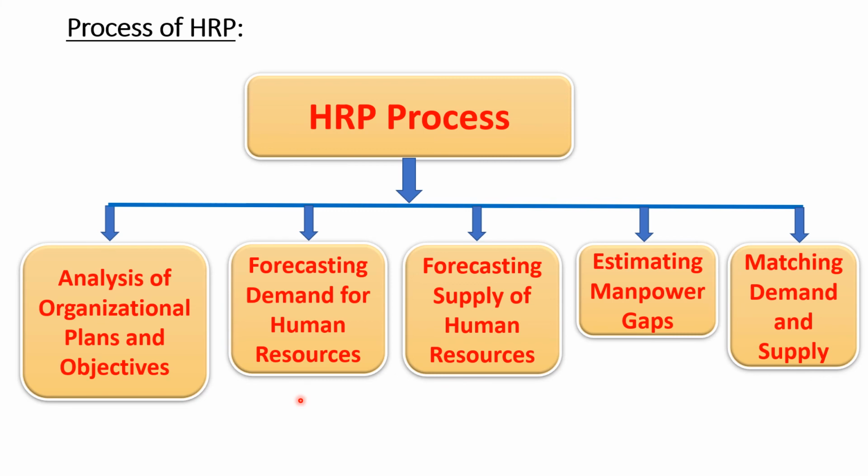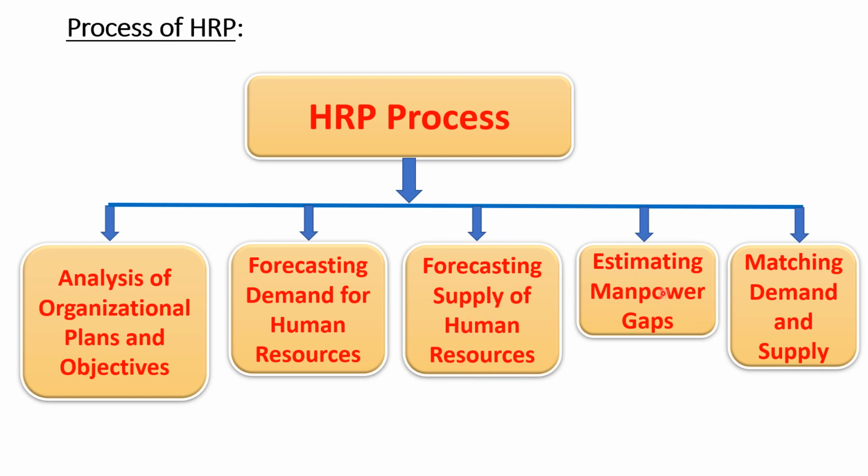And then next is forecasting supply of human resources. So this involves the supply of human resources, that is what kind of labor force is attracted or can be affected by temporary absences such as leaves, permanent absence or turnover. So this is the forecasting of the supply of human resources.